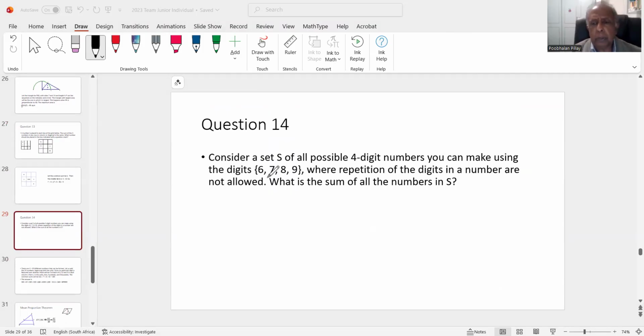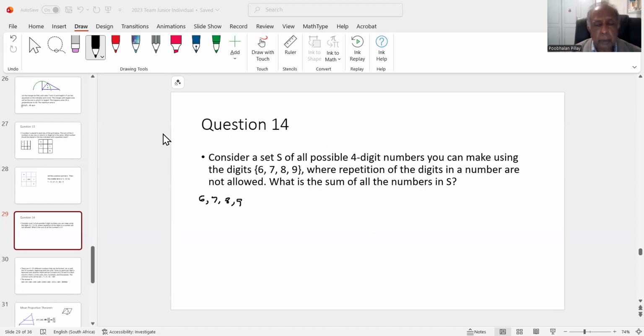Consider a set of all possible 4-digit numbers you can make using 6, 7, 8, 9. Now these are 4 different numbers, and you can make, how many can you make like this, right?